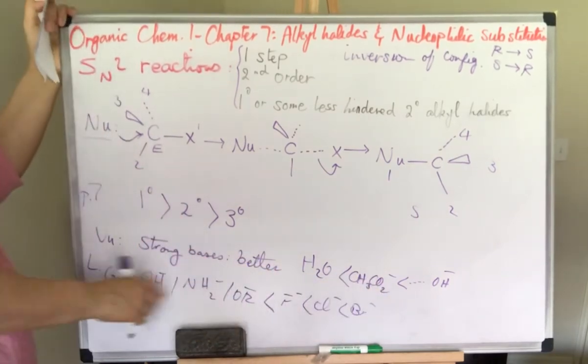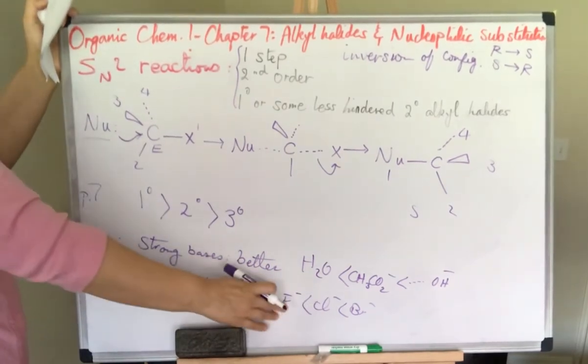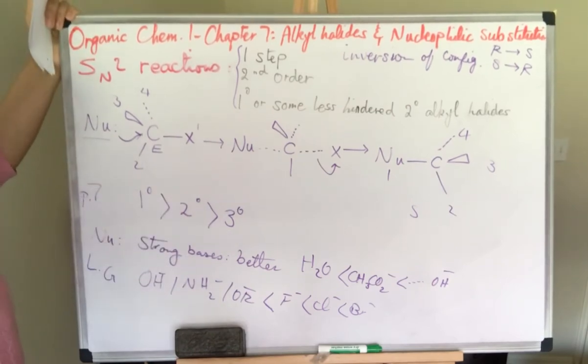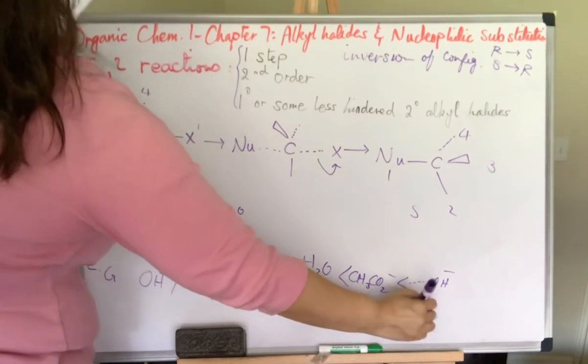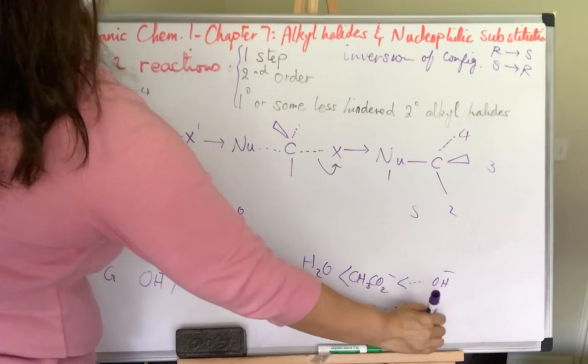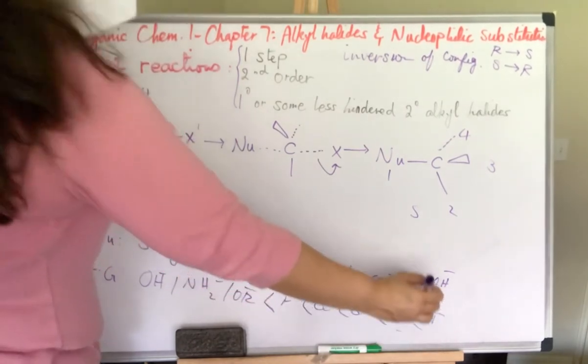So these strong bases are worse leaving groups than the halogens. And the best leaving group is this ion. We call it tosylate, TOS.